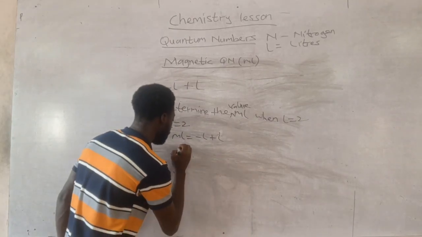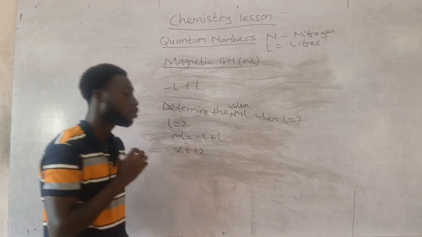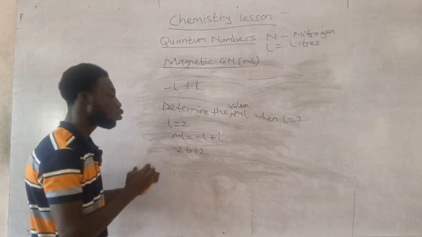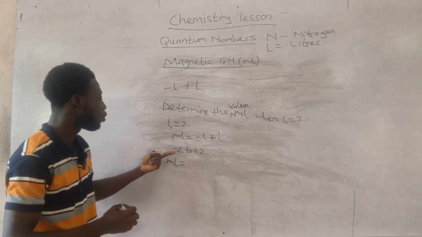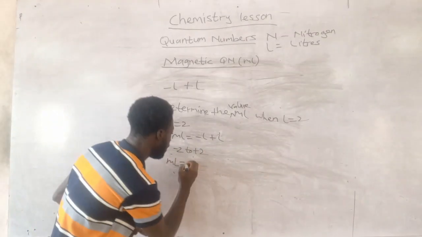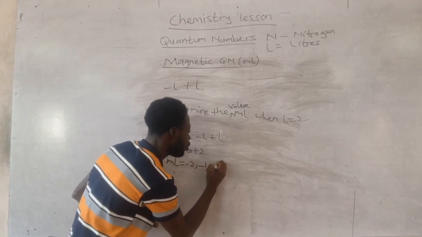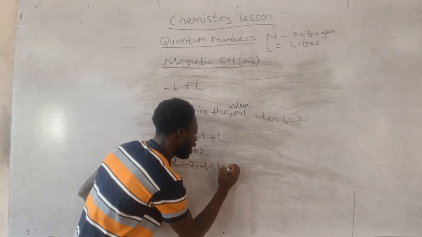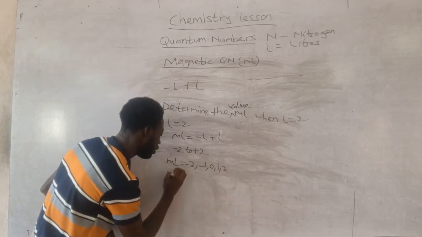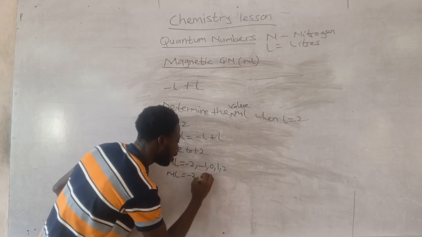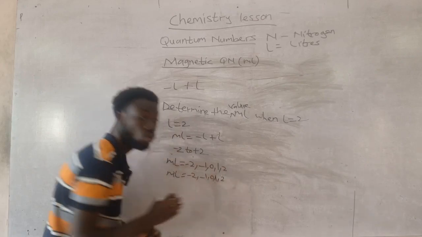So if you have plus 2 here, then negative 2 to plus 2. Starting from negative 2, you move to negative 1, 0, then you go to 1, and then plus 2. So our ml is equal to negative 2, negative 1, 0, 1, and 2.